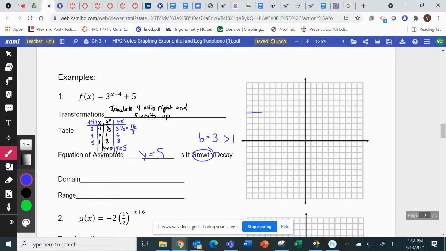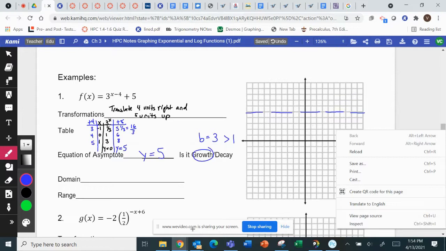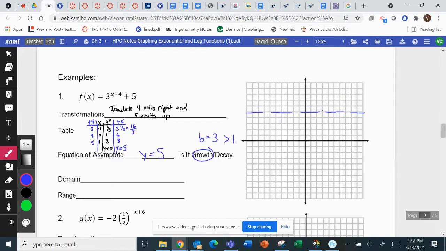Asymptote is at y equals 5. Okay, and then I just connect my points, get closer and closer to the asymptote.